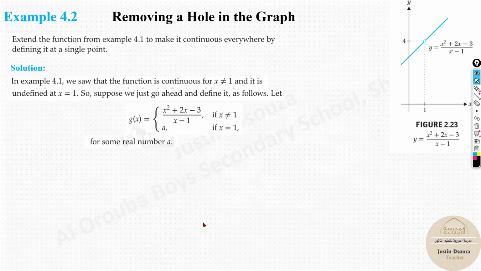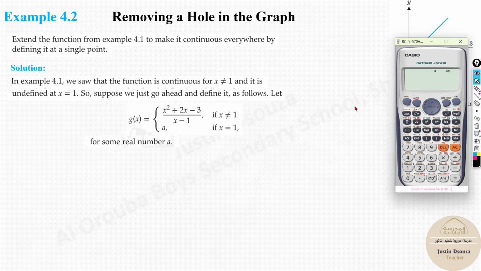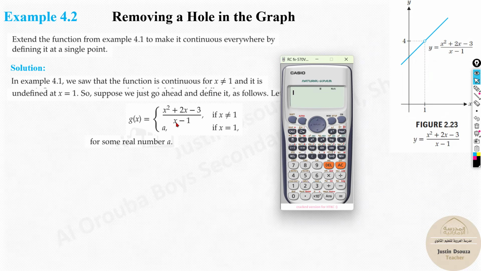Instead of all this, you can just take your calculator directly and solve it for both the sided limits. Write the function as it is: x squared plus 2x minus 3 divided by x minus 1. Since x is approaching 1, I need two values.